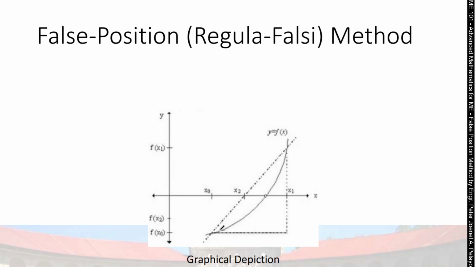So, halos parehas lang siya sa bisection. Kaso, i-consider natin si f of x0 at saka f of x1. So, ito yung magiging parang line natin. So, paliit siya ng paliit until makuha natin yung root of the equation.